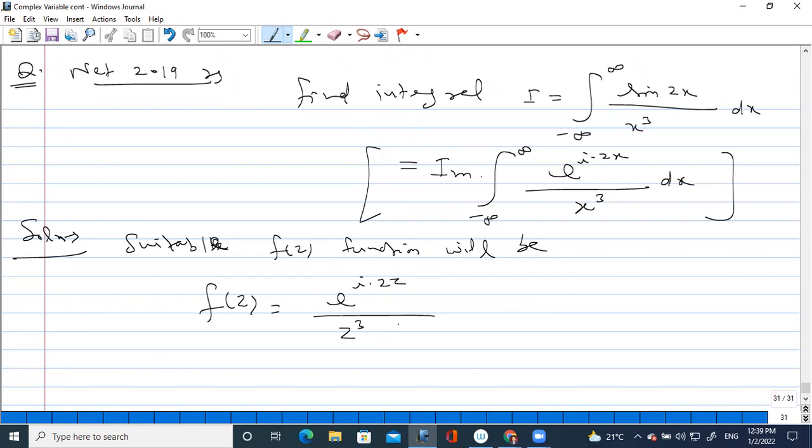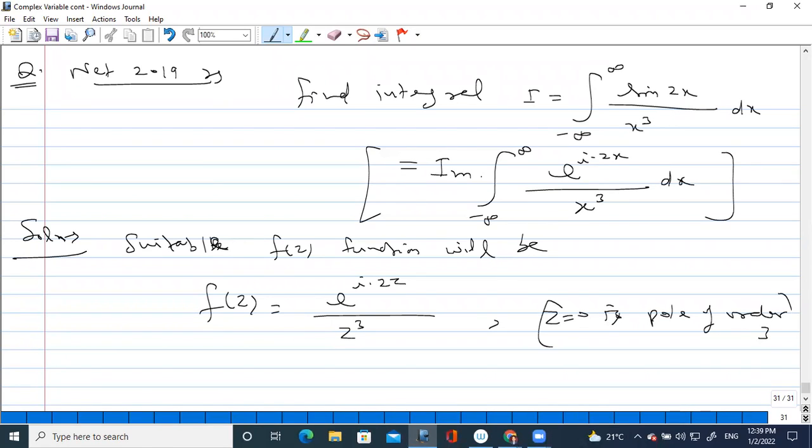There are two methods. Either you expand this, then divide by z cube, then find the value of the coefficient, or here z equal to 0 is the pole of third order. You differentiate it 2 times and then you can find. Okay. So two methods are there. Suppose here z equal to 0 is the pole of order 3.